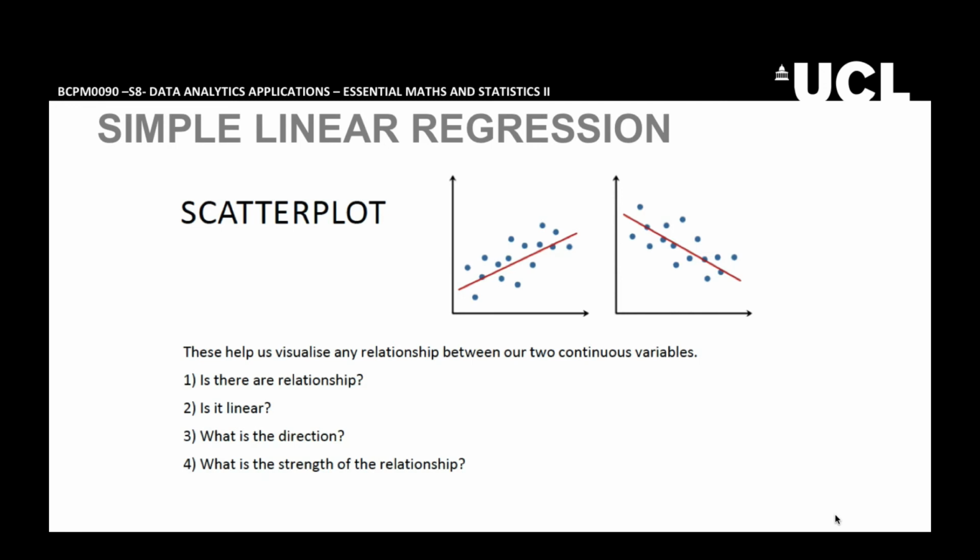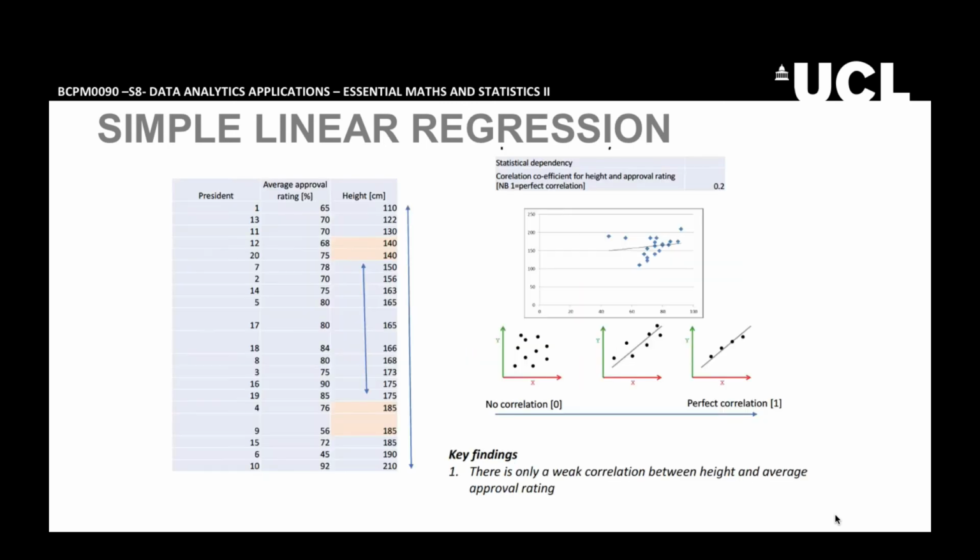So we can find out if there is a relationship, if the relation is linear, what is the direction, if it is positive or negative, what is the strength of the relation, how these points fit with this line.